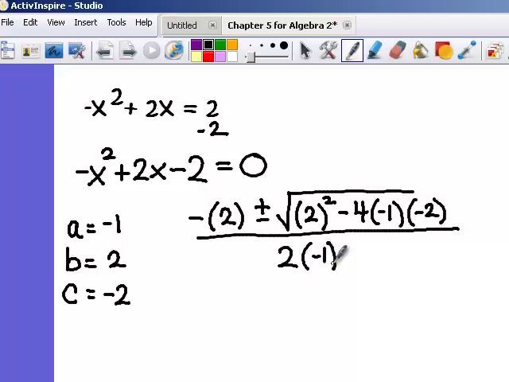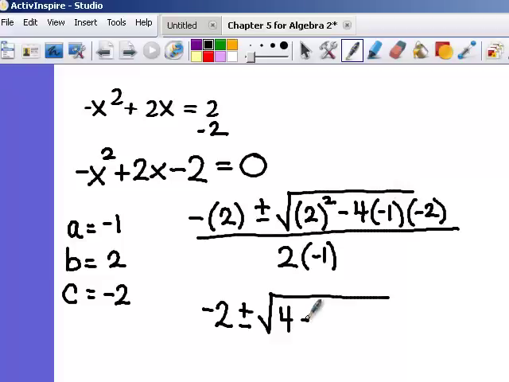Okay, so I plugged all my values in. Now I need to simplify. So I have -2 out in front here. And now underneath the square root sign, we have 2 squared, which is 4. And 4 times -1 is -4. -4, sorry, we have this minus here.